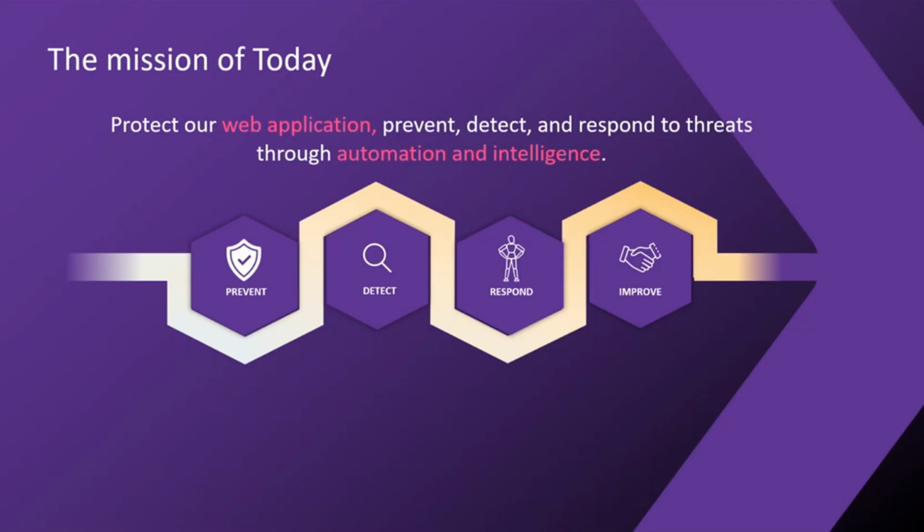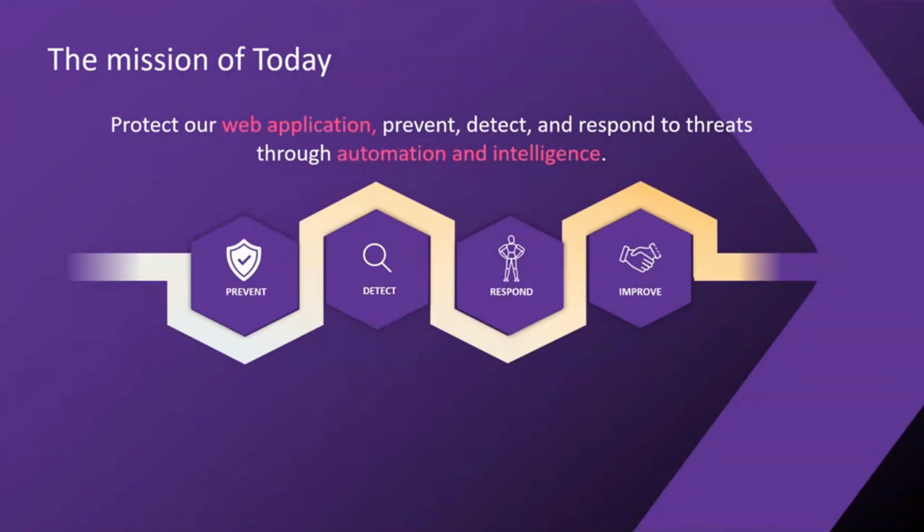But the use case we had is we need to protect a web application. We need to respond to threats, and we need to actually have automation and intelligence in place so we can respond rapidly and with a very high likelihood that a detection is actually something malicious that is going on.